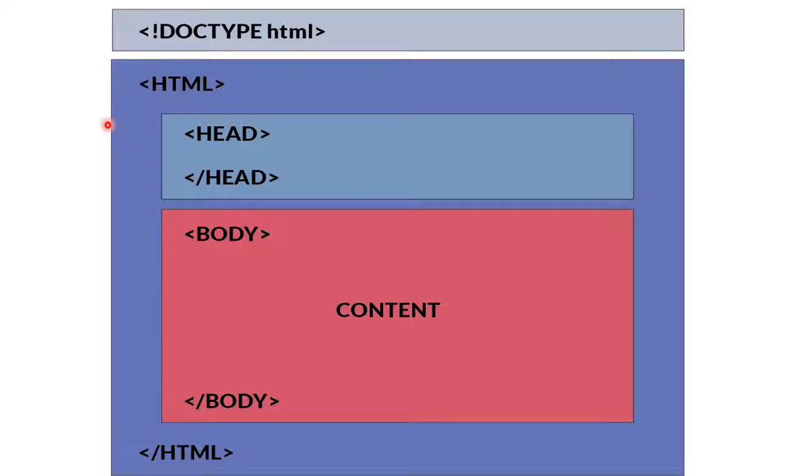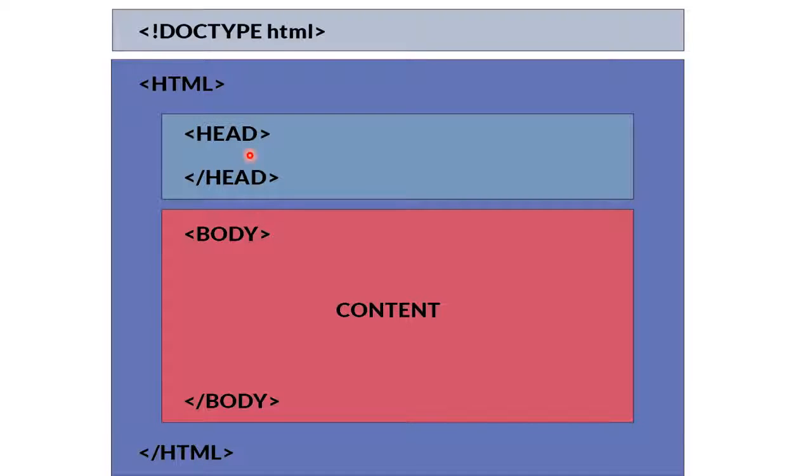From here onwards, what you see is the HTML page enclosed in these HTML tags. There are two main components within an HTML page. The first is the head. The head contains all the links or sources or style sheets that you may require on this page.